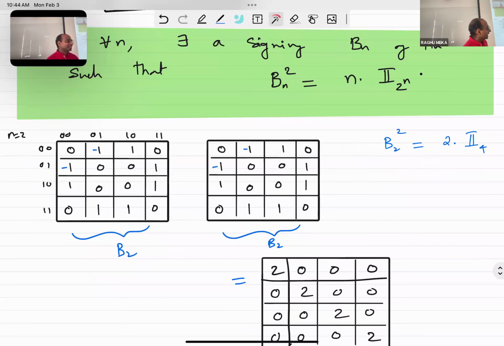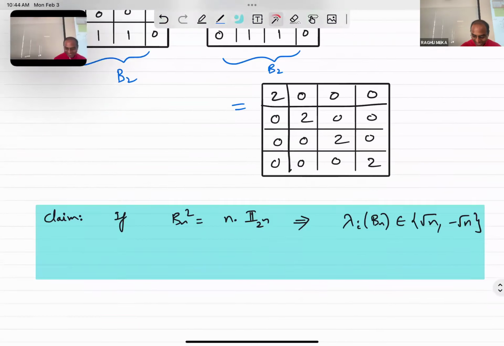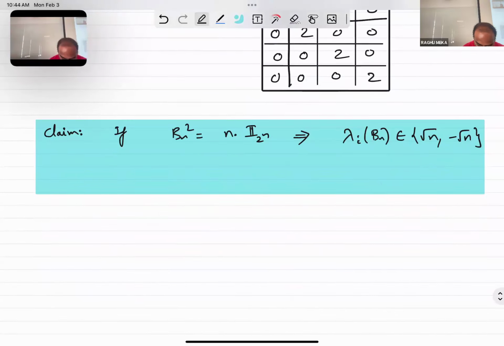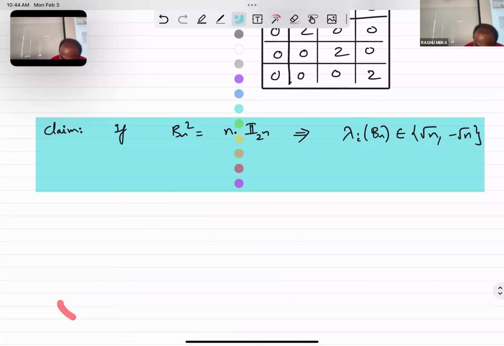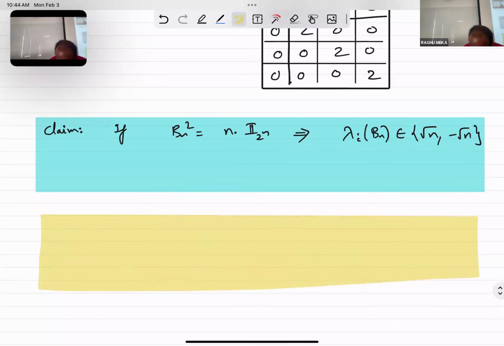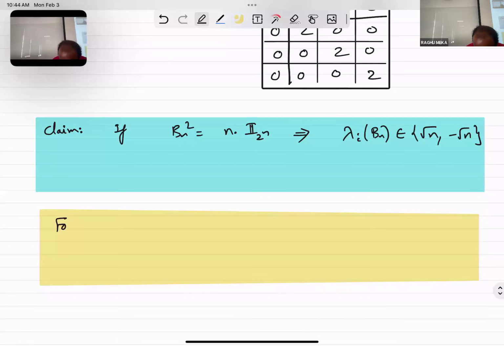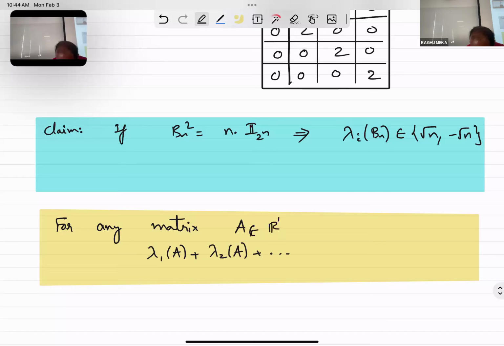Trace is 0. Again, there's another nice property of eigenvalues, which is that for any matrix A, if I add up all of the eigenvalues, it's a symmetric matrix, this is equal to the trace of the matrix, basically the sum of the diagonal entries.